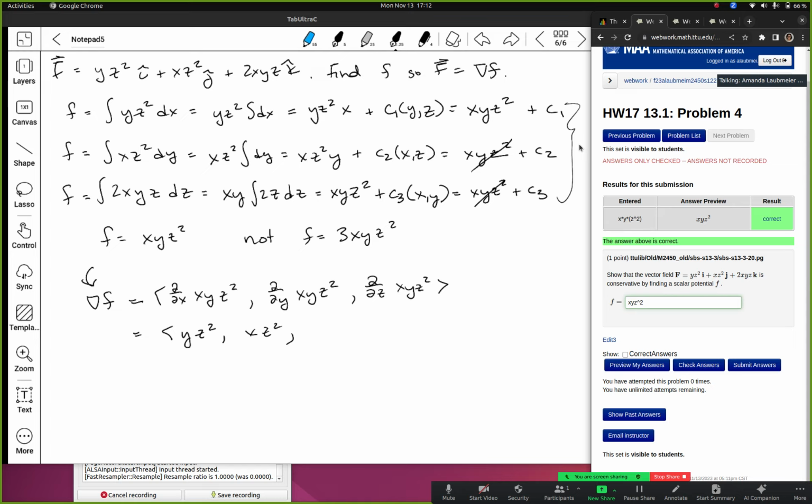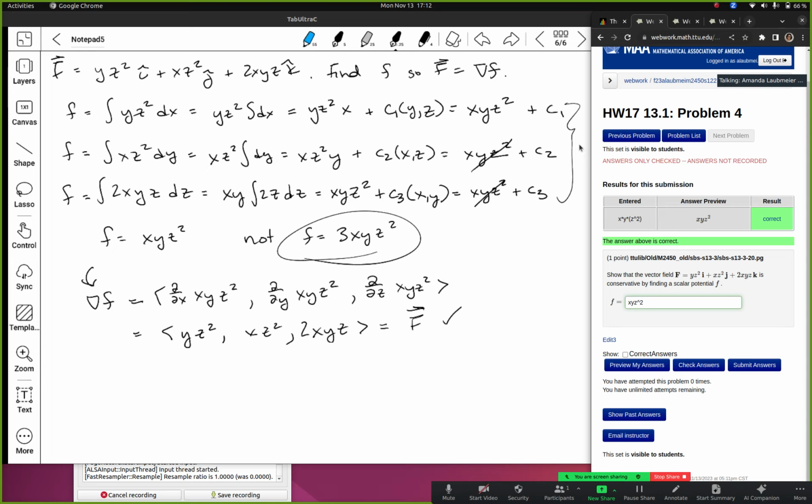And then the derivative with respect to z of xyz squared, xy is a constant with respect to z. And then the derivative of z squared is just 2z. And just like we wanted, this is that capital F that we started with.